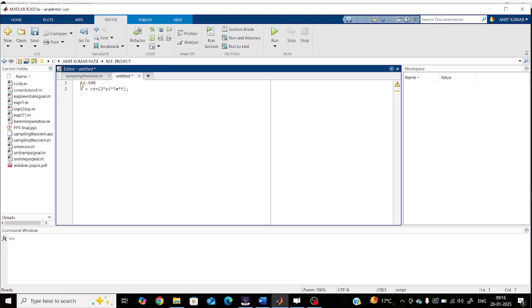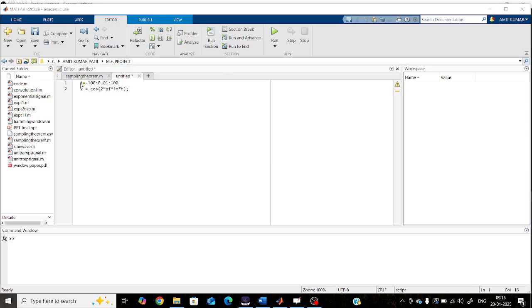But if we directly type minus 100 colon plus 100, it will take a gap of 1. Suppose you want more values, we will get a proper graph when we take more number of samples. So here I will take 0.01, between each sample there will be a gap of 0.01 colon 100.